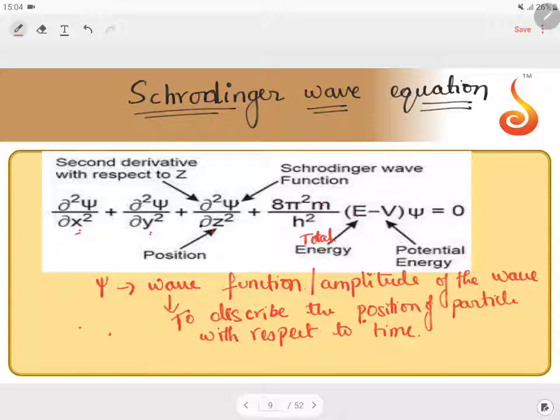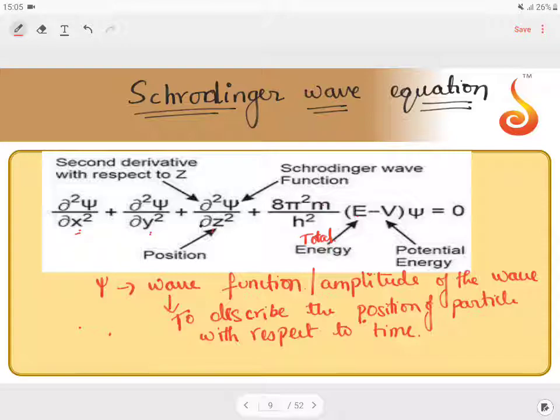Using those three values, we can differentiate the types of electron in an atom, differentiate each and every electron in an atom, and also locate the position of the electron in an atom. So these three variables are very, very important.